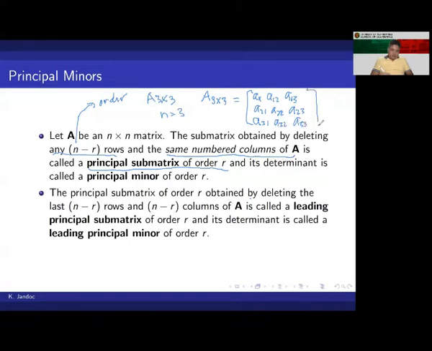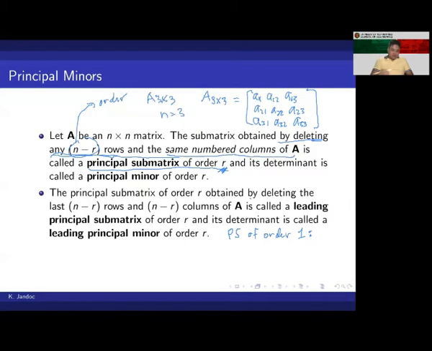Okay, now let's obtain the principal submatrix of order 1. So r in this case is 1. So what does the definition say? The definition says that the principal submatrix is obtained by deleting any n minus r rows and the same number of columns.